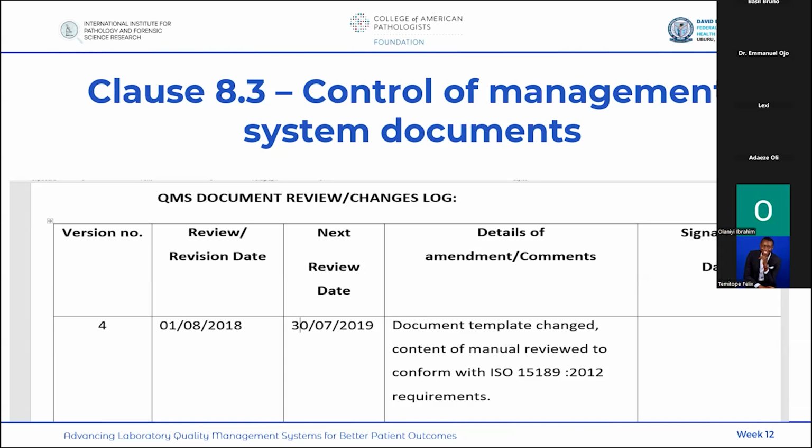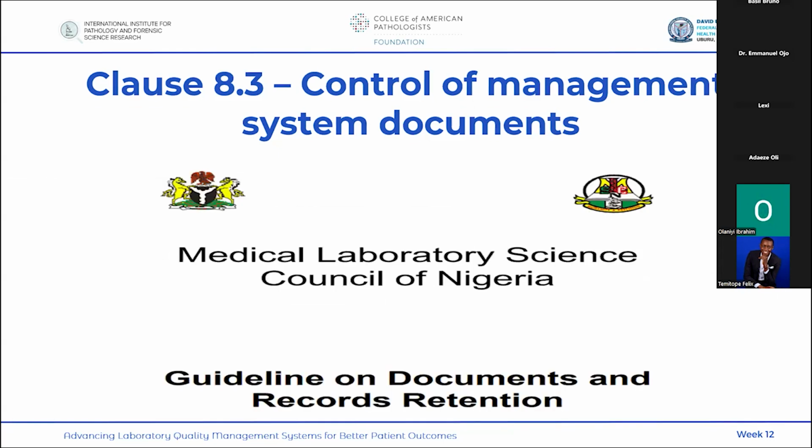Then, what I encourage people to do is to leave this side blank so that you can manually write that, oh, I've reviewed these documents. This is the date of review. This is the next review date. And then you sign off. So you don't have to print this each time you want to acknowledge that there's an annual review of the document. And then we have a national guideline on documents and record retention.